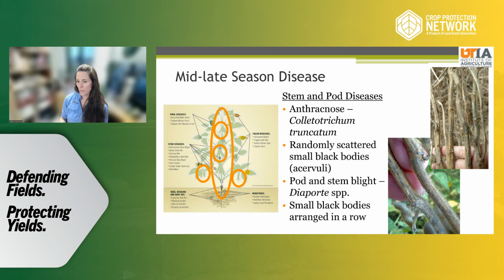In the picture in the bottom right corner, the stem on the bottom of that picture, those black bodies are lining up in columns. They're much more arranged in a row versus the stem right above it where it's still all scattered. That's anthracnose. So they look very, very similar, mainly just in the way they arrange themselves on the plant, but you can tell them apart.